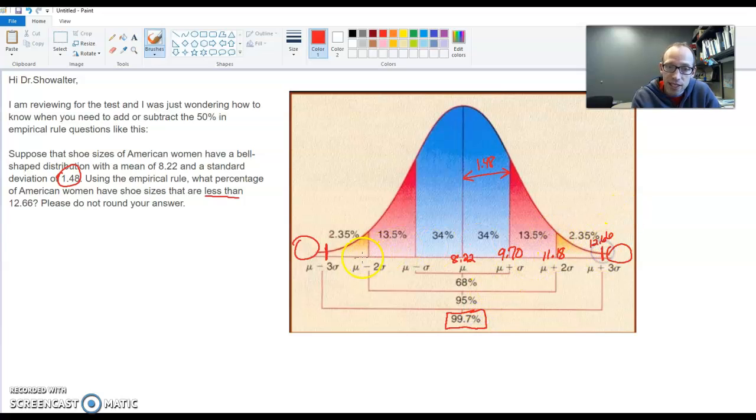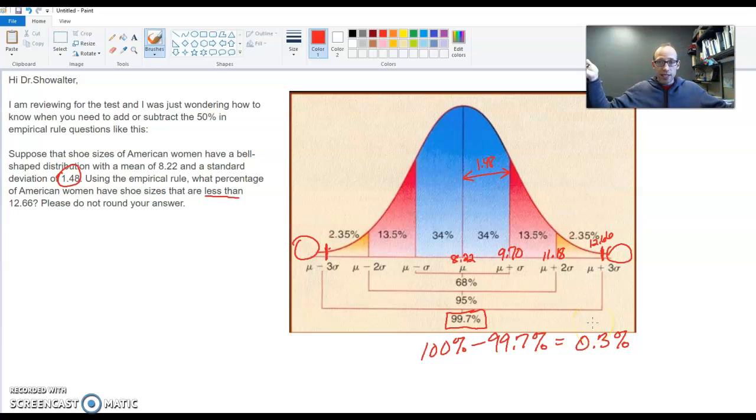It's within 3 standard deviations below and 3 standard deviations above. That means the rest of the data is outside of that range. So what is the rest of the data? Well, we could take 100% minus 99.7%, and we'd find that it's 0.3%. So that's the amount of data that's even more than 3 standard deviations away from the mean.